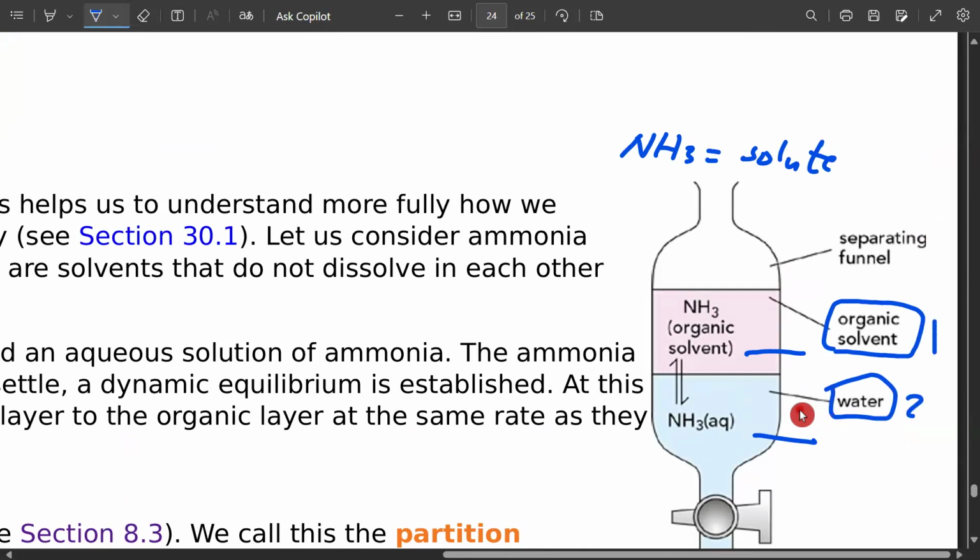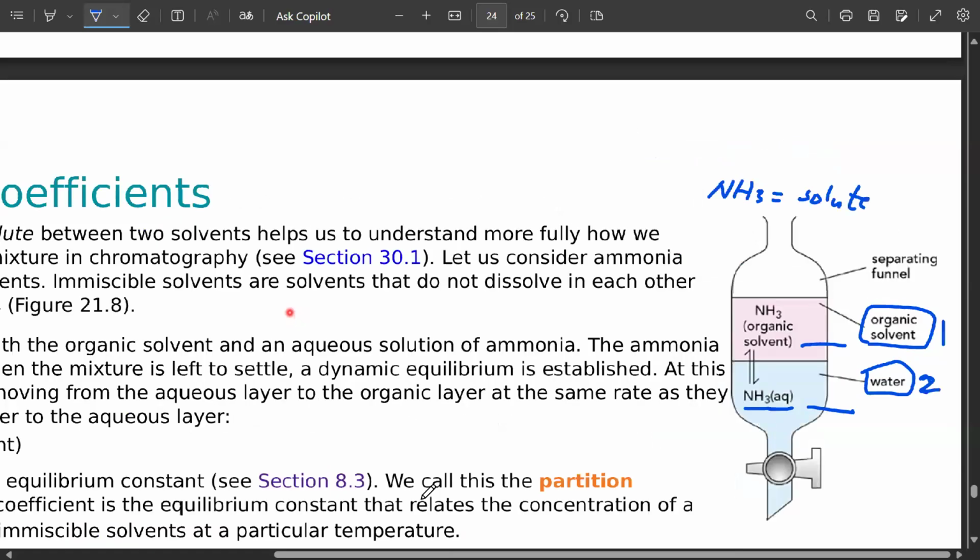So ammonia can be dissolved in the organic solvent, ammonia can be dissolved in the water. When it dissolves in water, we write aq. That's the solution of ammonia in water. But for organic solvent, you just write ammonia present in the organic solvent. Is this clear to this point? Yeah.